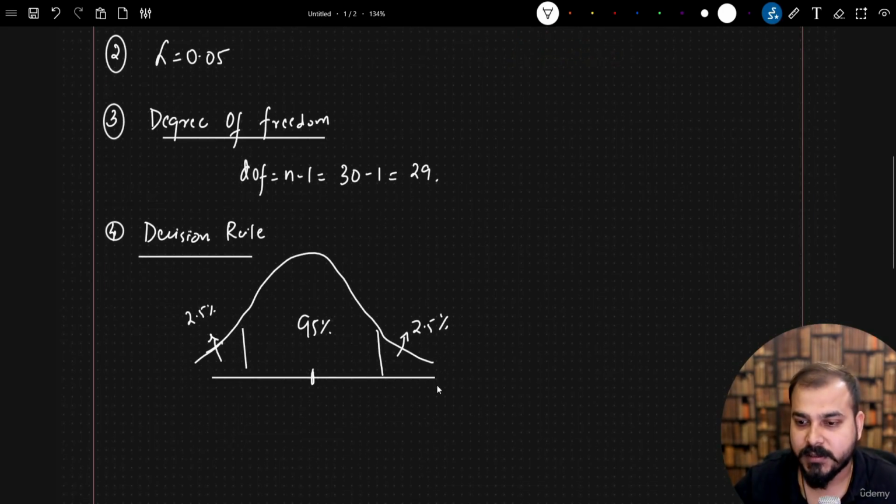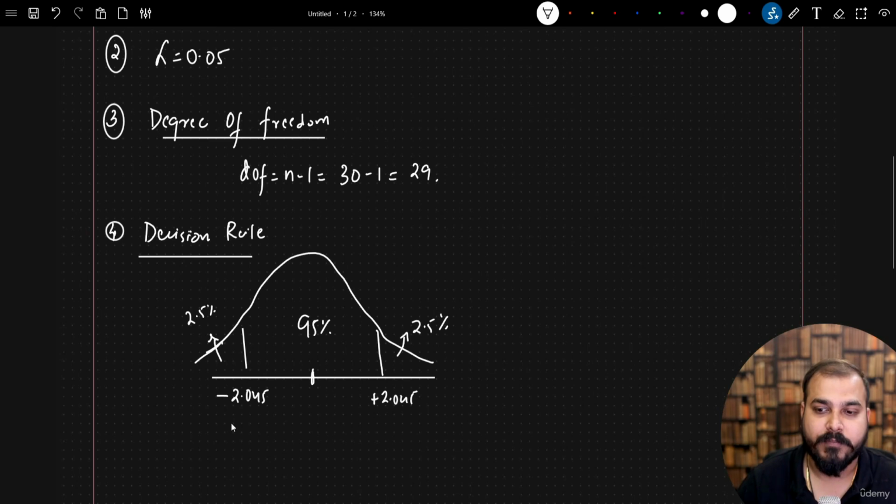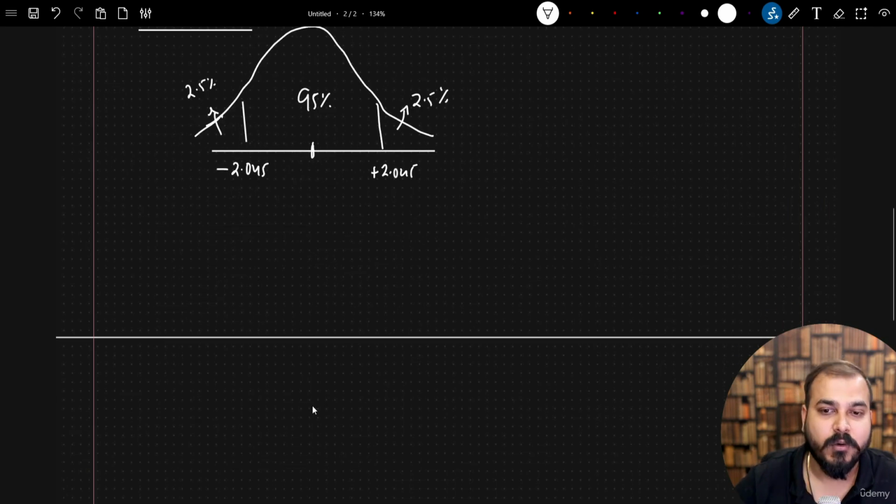This will be my plus 2.045. And since this is symmetrical, I will be having minus 2.045, right? Now, when these values are there, what is the assumption that we are going to make based on this decision rule? Very important assumption, right? The assumption is very simple, guys. In this case, we will calculate the t-test, and based on the t-test, we need to assume with respect to this decision boundary.